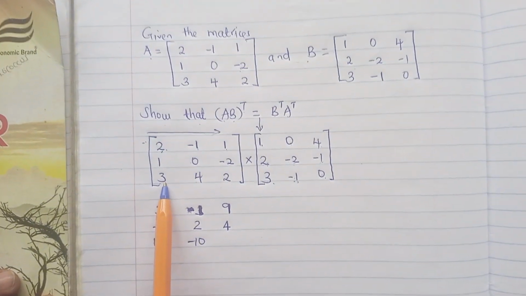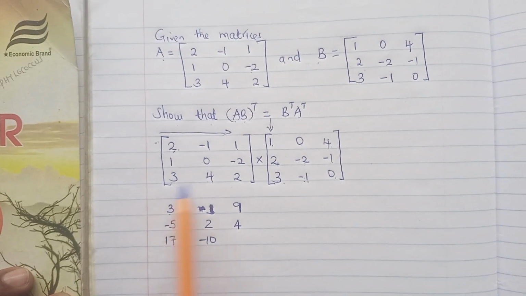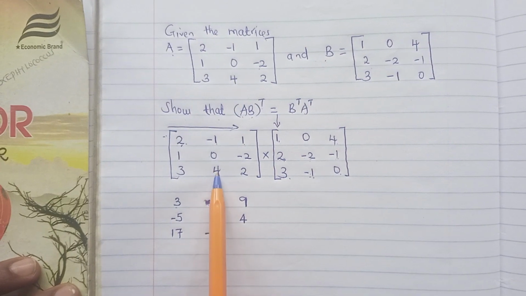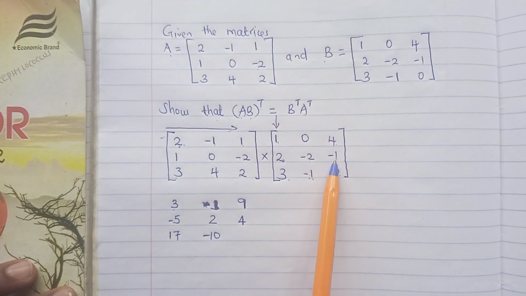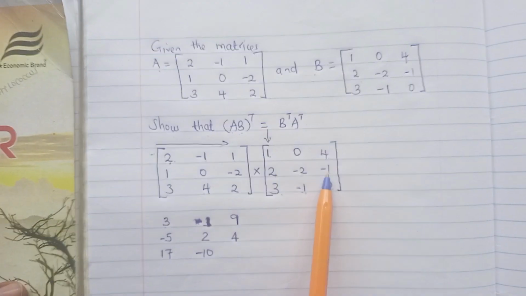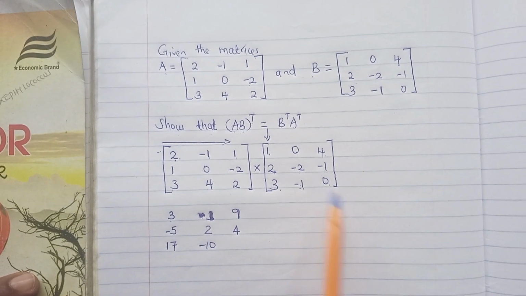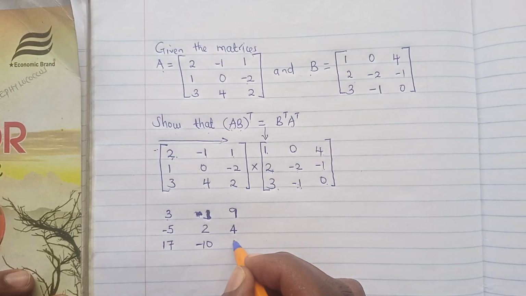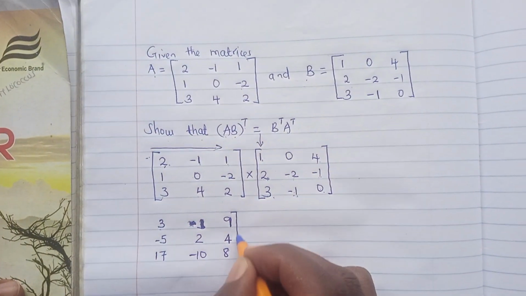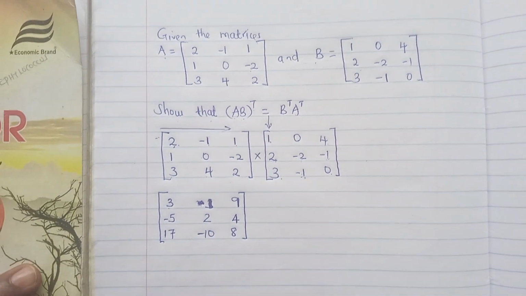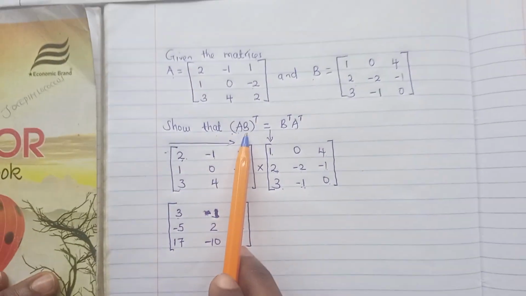So this is 3 times 4. This one is 12. 12 plus this one times this one is negative 4. So this one will give us 8, and then plus 0. We're going to have 8. Just like this. So this is now A times B.